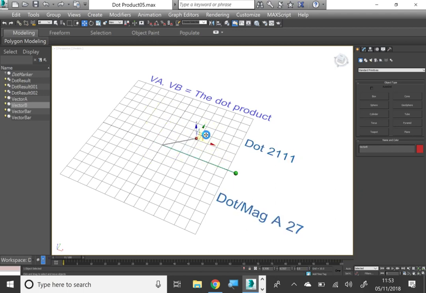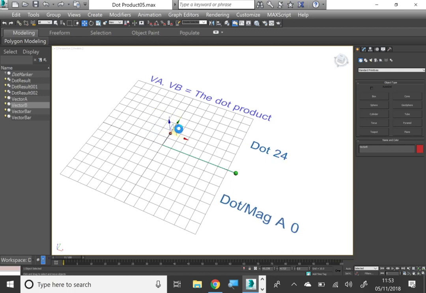Not surprising. It does seem a bit arbitrary though. Big numbers, what do they actually mean? The important thing you can take from this is that whilst these two vectors are heading in the same kind of direction, the number is positive. And when these two vectors are in opposing directions, you can see that the number is negative.